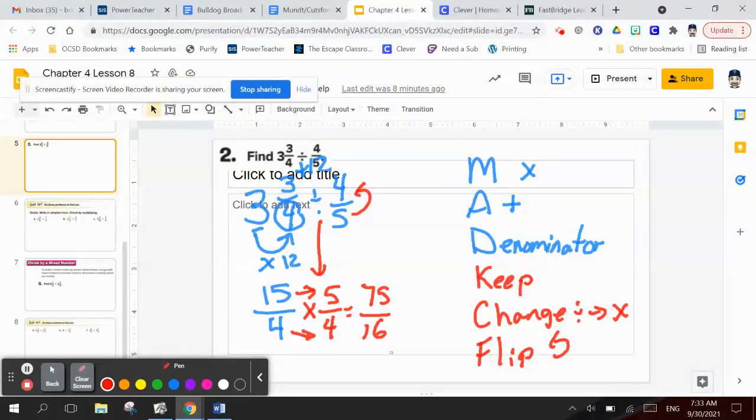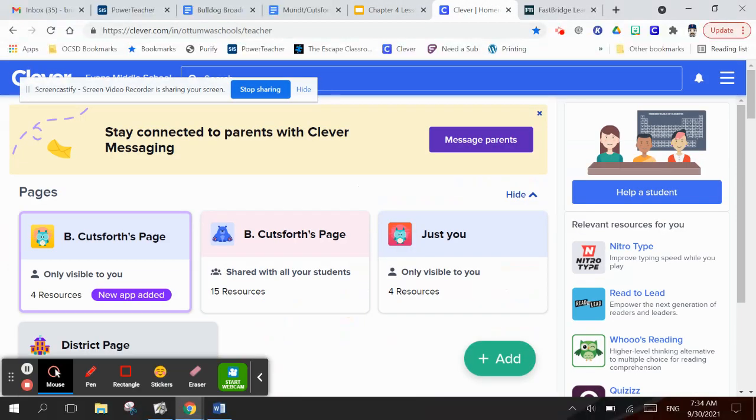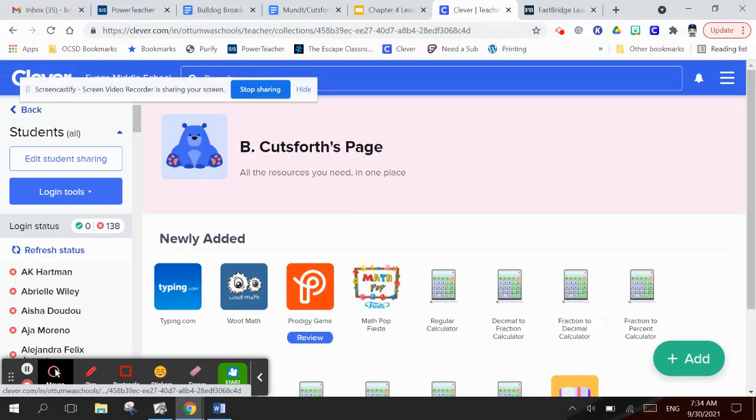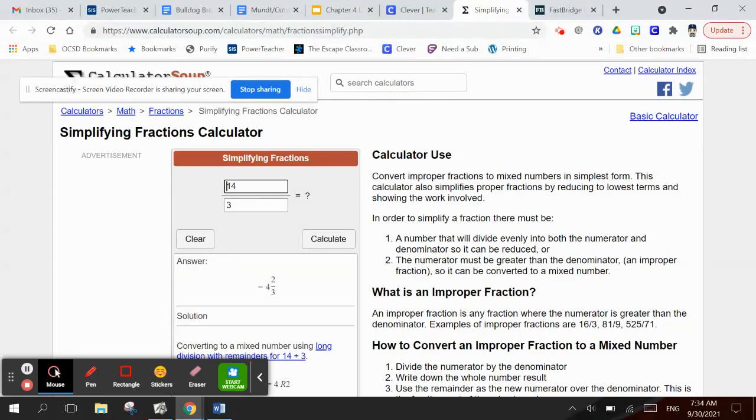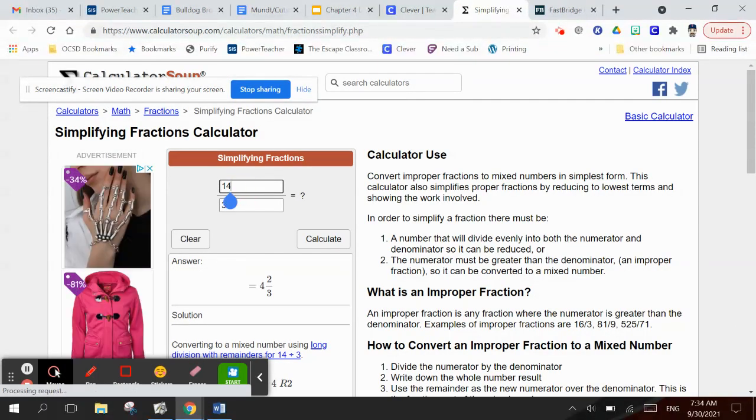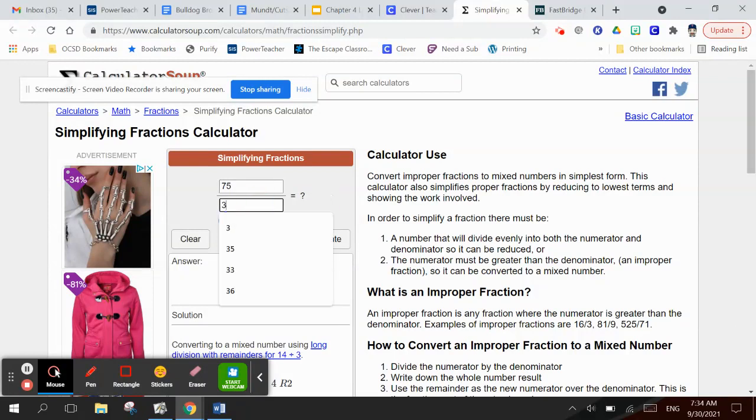Those are some big numbers. So I don't think I'm going to be able to do equal groups because I don't know 16s very well. So what I'm going to do is go to my Mr. Cutsforth's Clever page. Here it is, the big polar bear. Click on his page and open it up. And the very last calculator I have is called Simplifying Fractions. So I'm going to use my calculator here and type in 75 as my numerator.